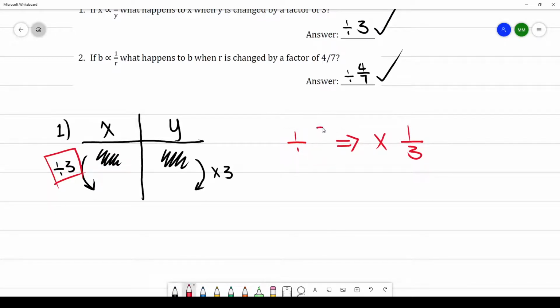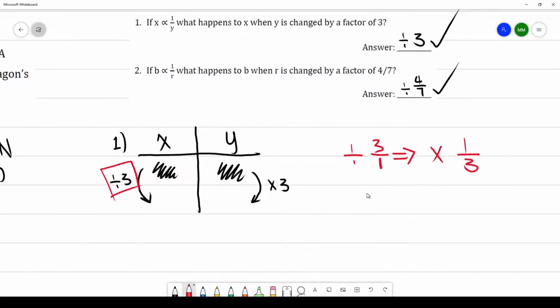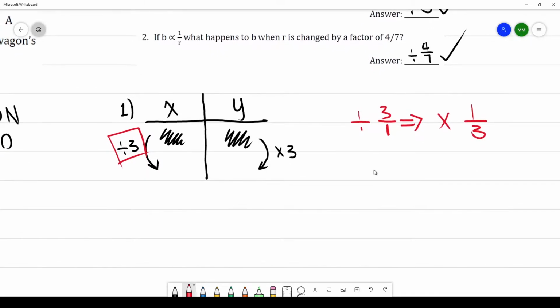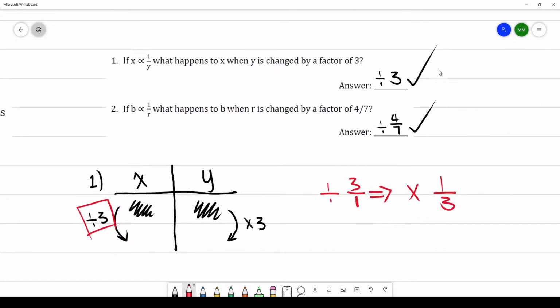And 3 is the same thing as 3 over 1, right? Now, as James was saying, this is the same thing as timesing it by 1 over 3. And that is actually what I want you to say.